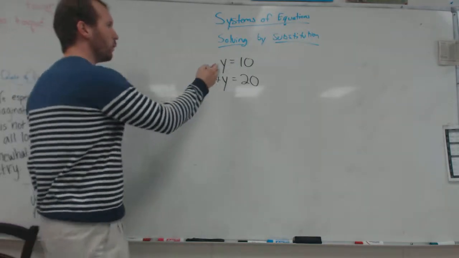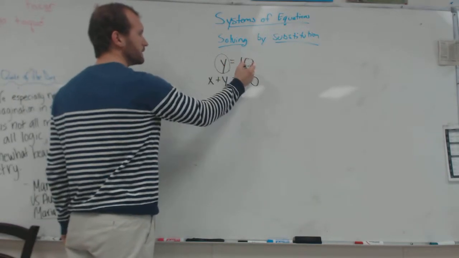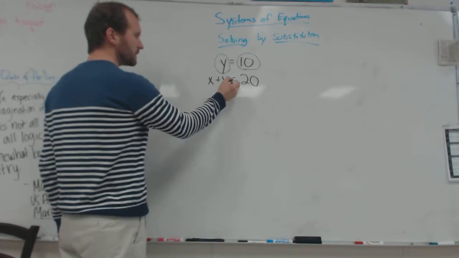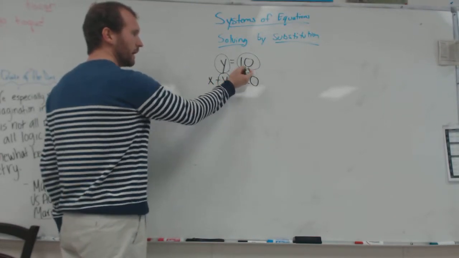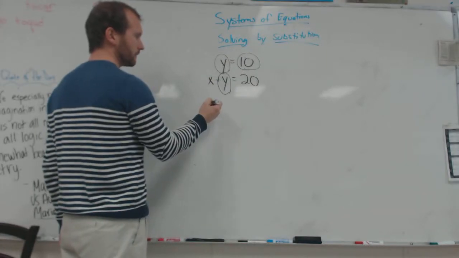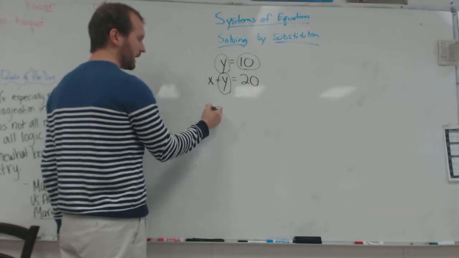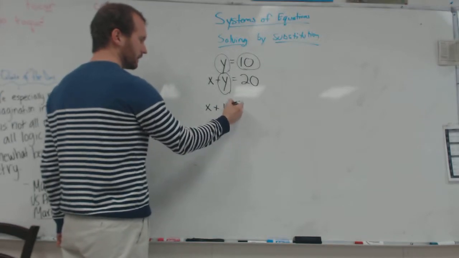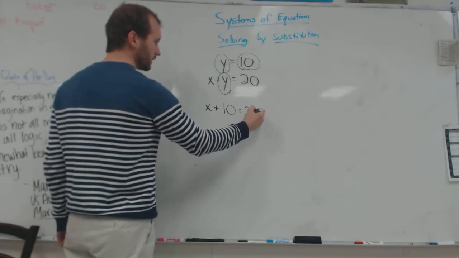Do you guys agree that y is 10? So in this equation, when I see y, I'm just going to write 10. So now I'm going to write x plus 10 equals 20.